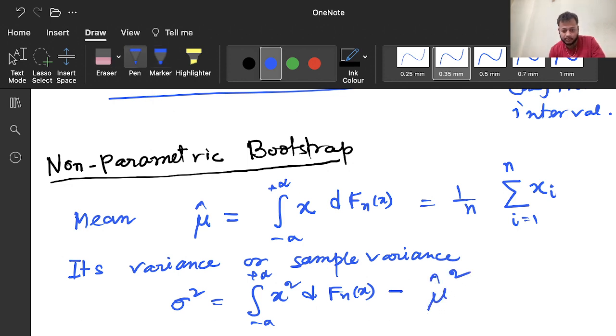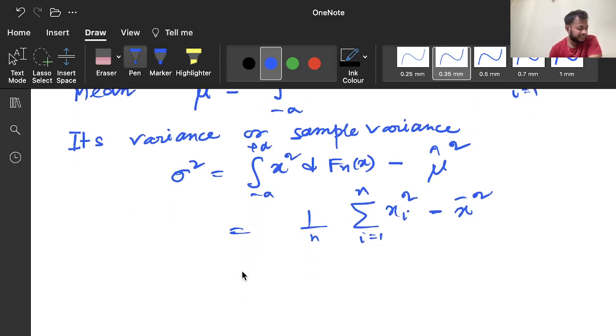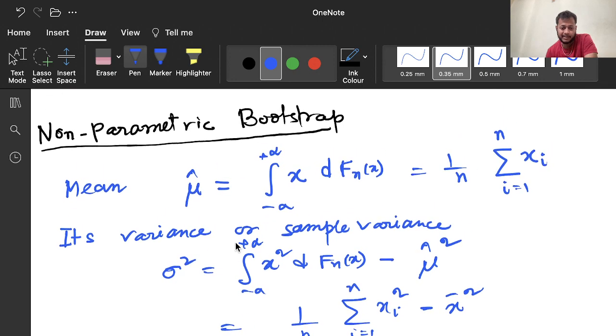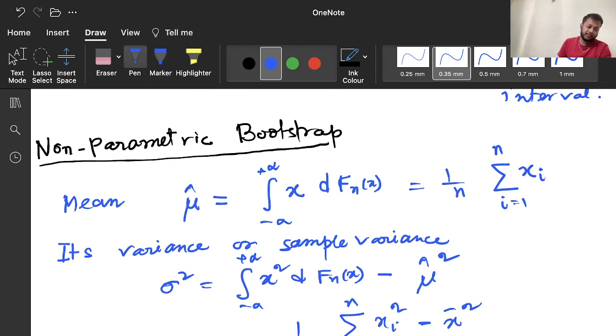So this will be 1 by n summation of i equal to 1 to n xi square minus x bar square, or mu square. So that is the variance. As n tends to infinity, the sample mean goes to the mean and the sample variance goes to the variance. So these are consistent estimators, but you see that sigma square is not an unbiased estimator. So that's it.